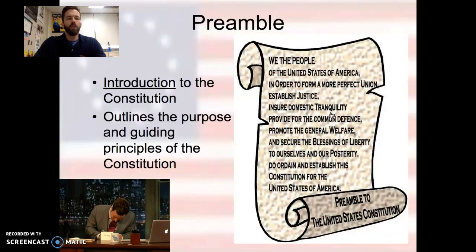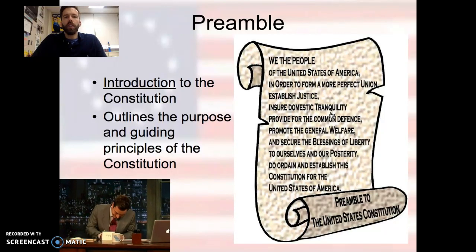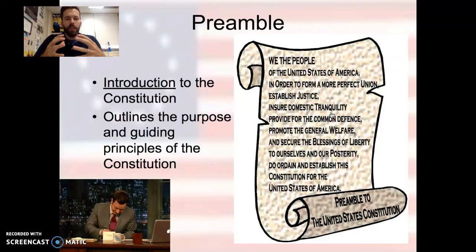Okay, so first thing, the introduction, or the preamble, as it's called, of the Constitution really outlines these overarching principles. They're trying to create a more perfect union, establish justice, ensure domestic peace, common defense of the people, and general welfare of all citizens.